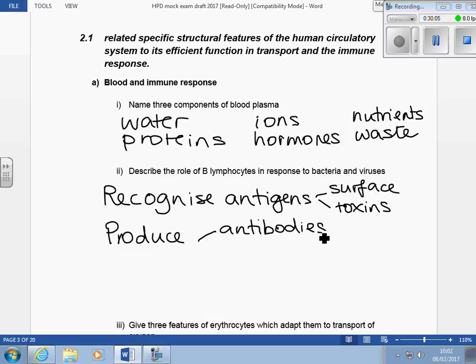Memory cells, yes. So if we were then unlucky enough to meet the same bacterial virus another time, then hopefully, we might have retained some memory cells and wouldn't be infected again. Obviously, that doesn't always happen.